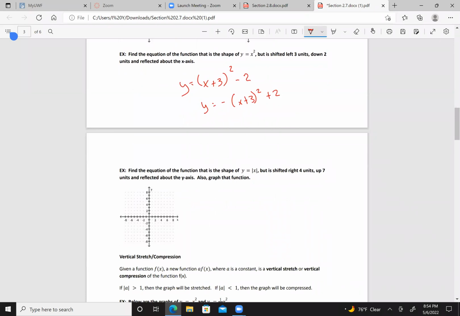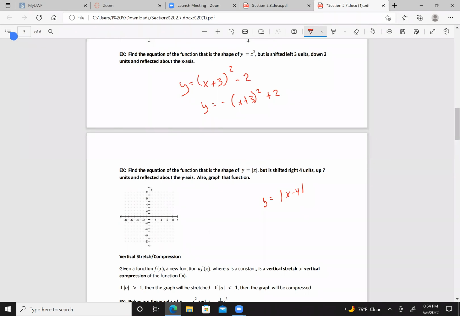Okay, find the equation of the function that is in the shape of y equals the absolute value of x, but is shifted right 4 units and up 7 and reflected across the y-axis. So right 4 units. That means we're subtracting: x minus 4, right 4 units.